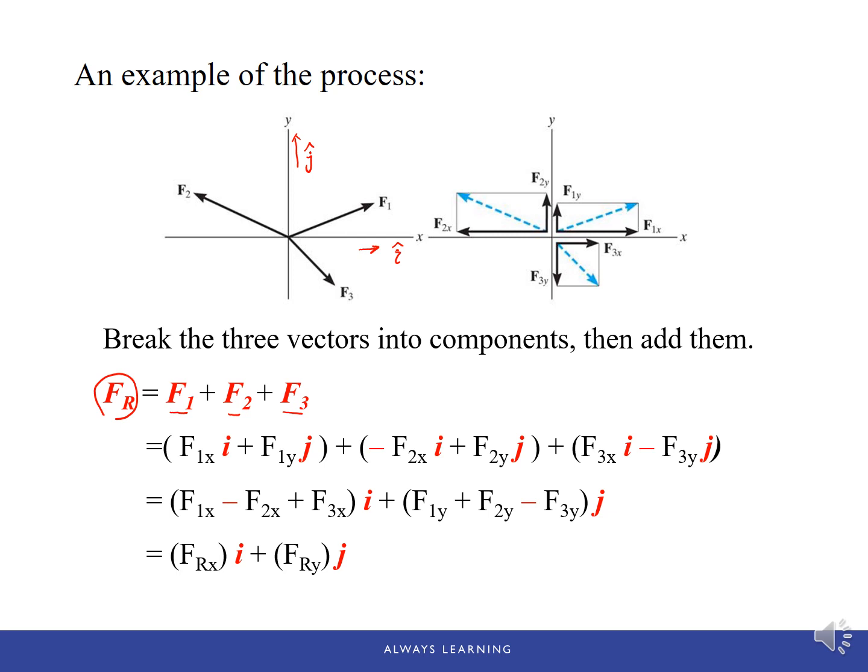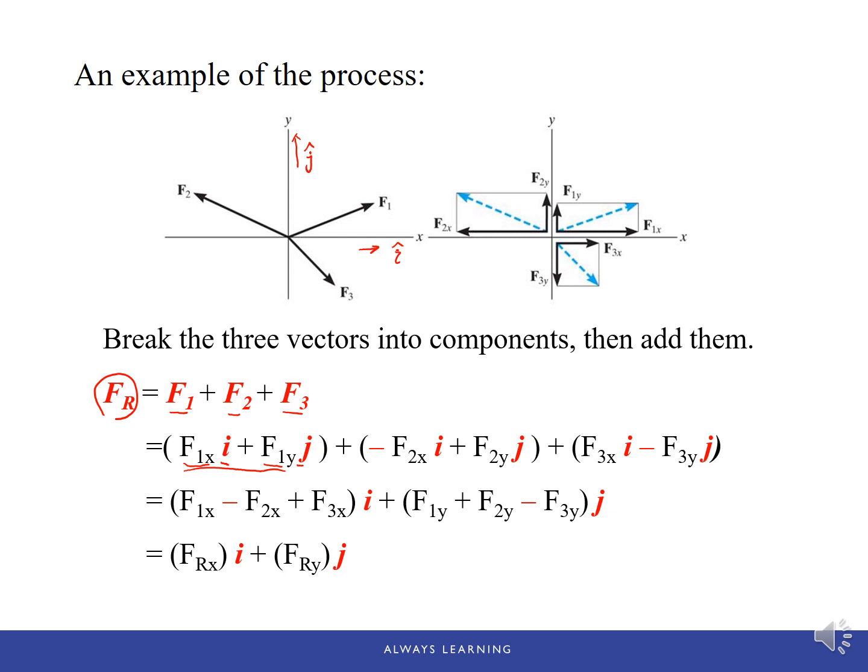And each vector is expressed in terms of the two rectangular components, the magnitude along the x direction times the unit vector i hat, plus the magnitude along the y direction times the y unit vector j hat.